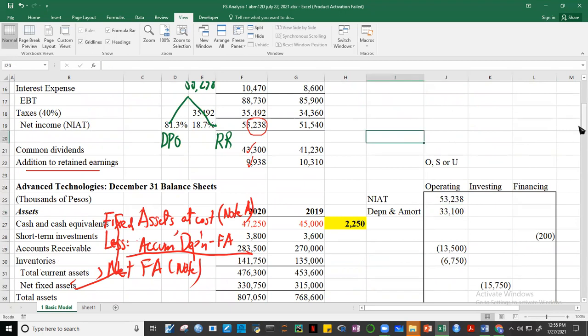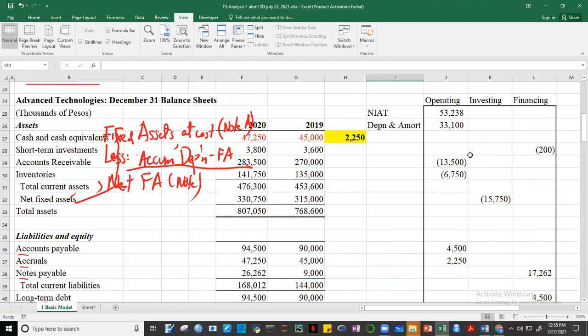And then we go down to the balance sheet. We look at the different balance sheet accounts and see how they impact cash. By the way, guys, what we're investigating here is the change in cash.